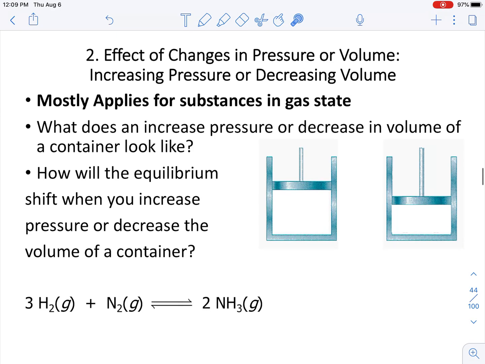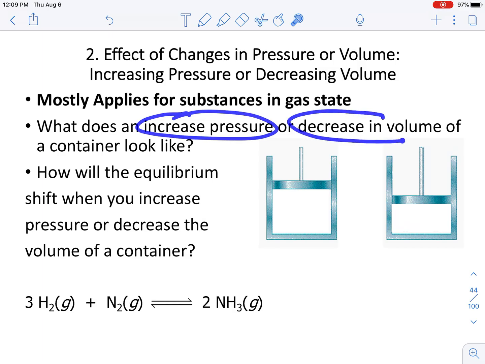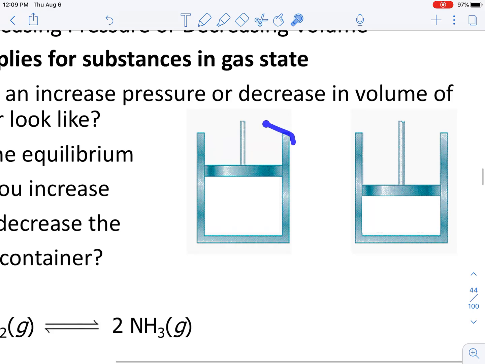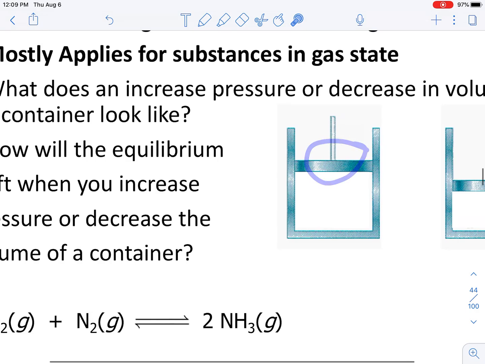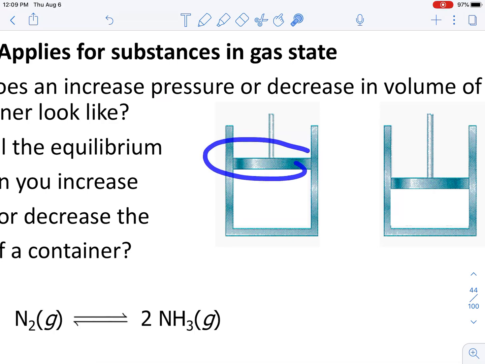Okay. And so we kind of observed how changes in volume affects aqueous solution. And we're going to take that same principle and apply it to substances that are in gas state. And so we first need to conceptualize what an increase in pressure or a decrease in volume looks like. And so here we have a container with a movable piston. And so if you were to increase the pressure, you're going to take this piston and push down.